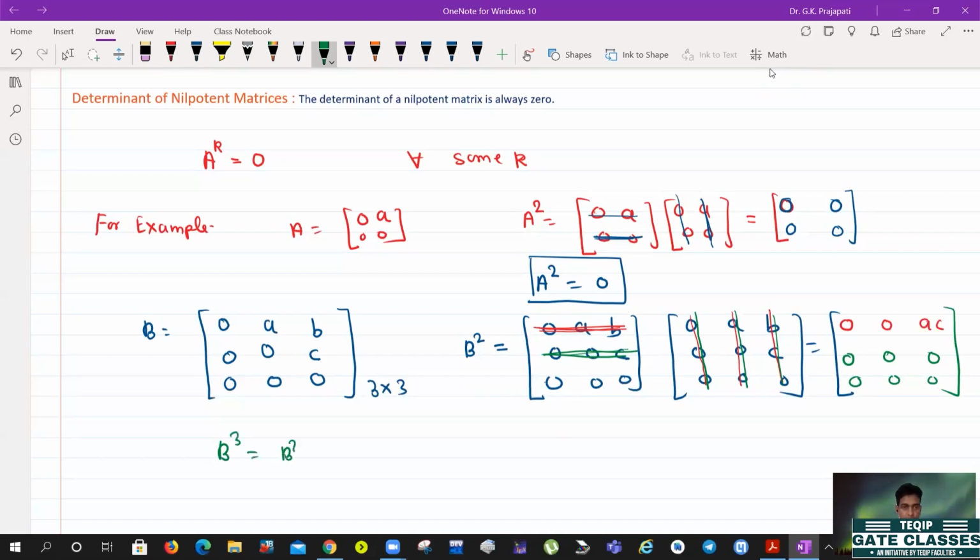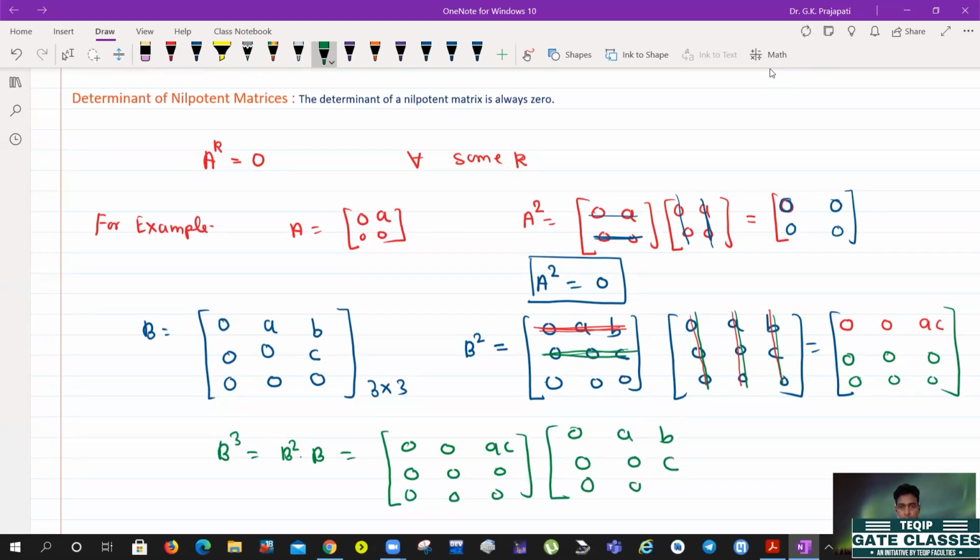It means B square into B. That is B square, 0, 0, A, C, 0, 0, 0, 0, 0, 0, and again the elements of B, 0, A, B, 0, 0, C, 0, 0, 0. When we multiply, all its entries will be 0.